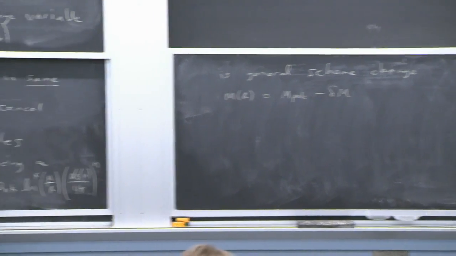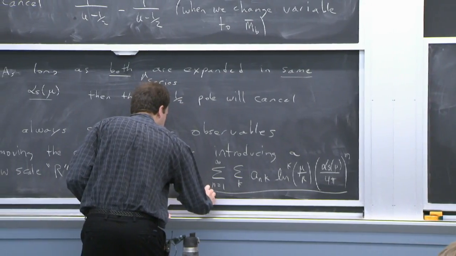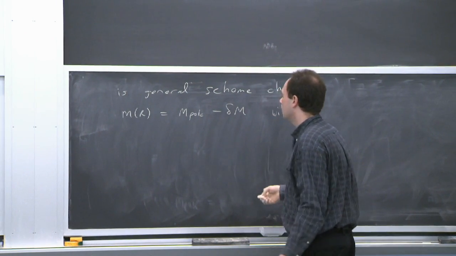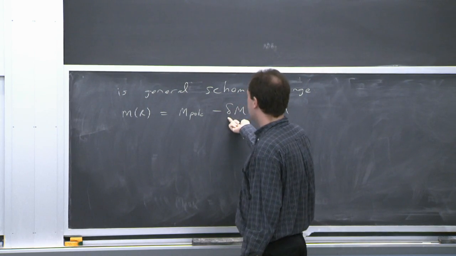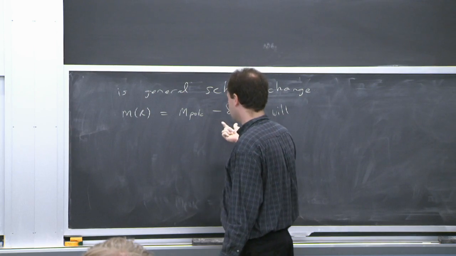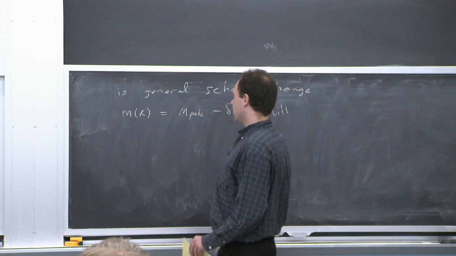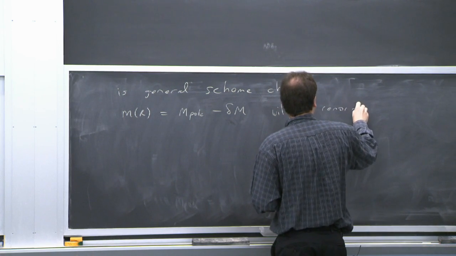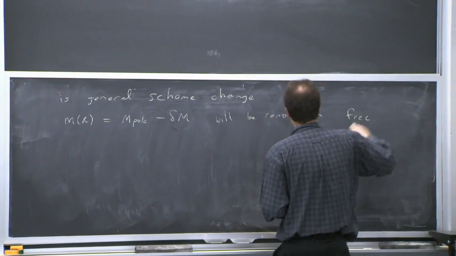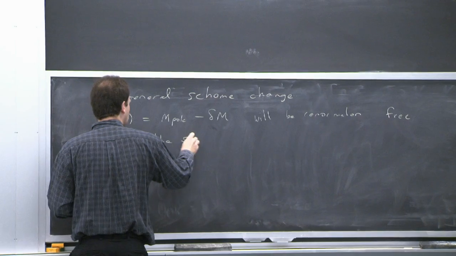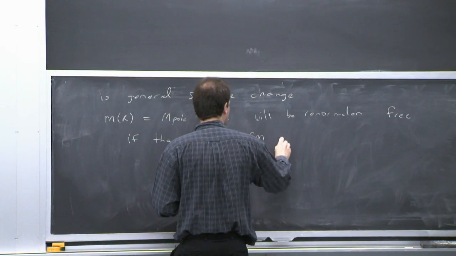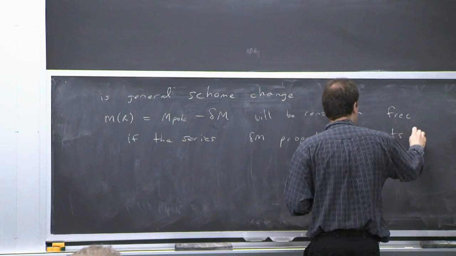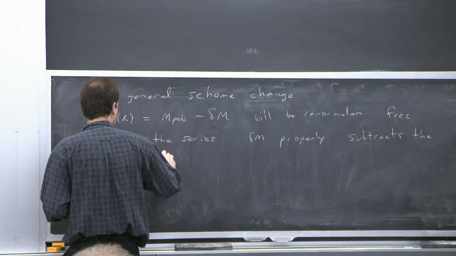If we call this thing delta M, then I can also move it to the other side and write it like this. Then what you can say is that if I pick my delta M such that its infrared, its asymptotic structure at alpha, is the same as the pole mass, I can set up something where I get a renormalon-free mass M_R.